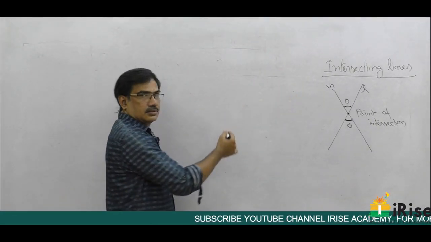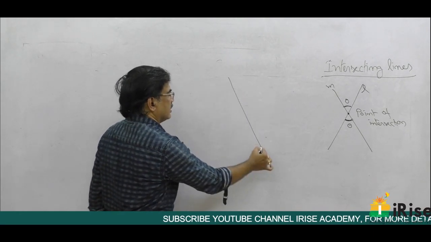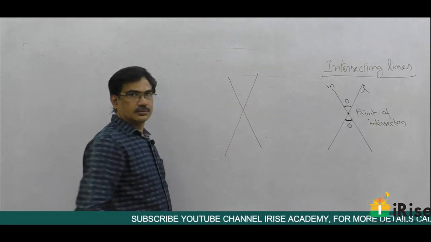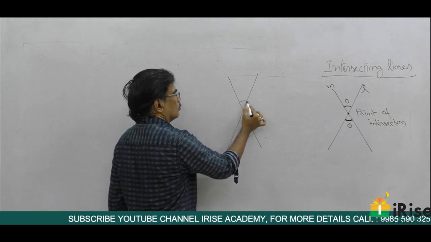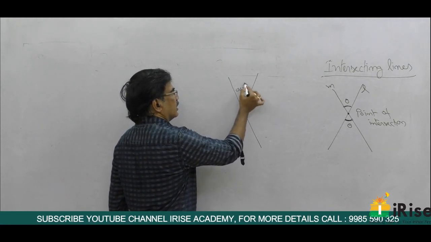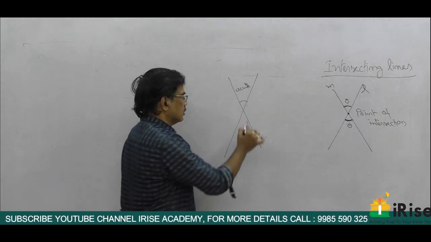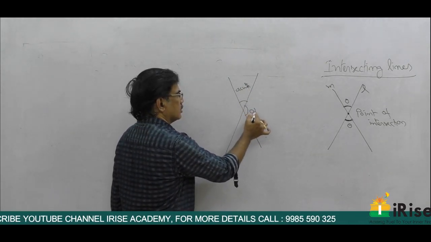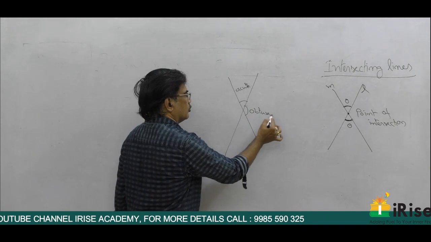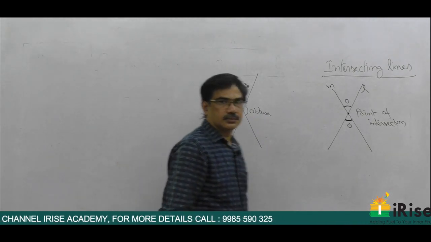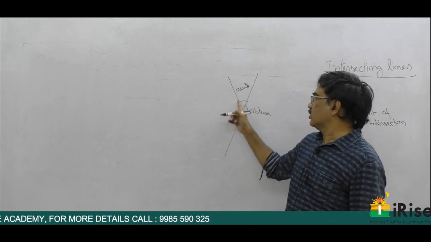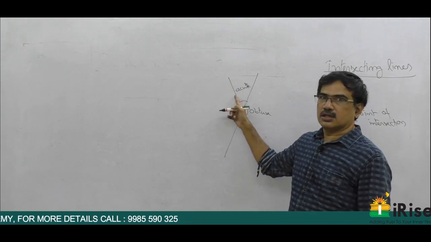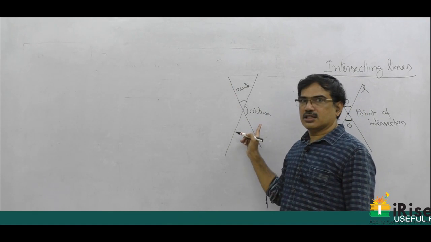Here, if two lines intersect each other, we have two types of angles. One is the acute angle, the other one is the obtuse angle.